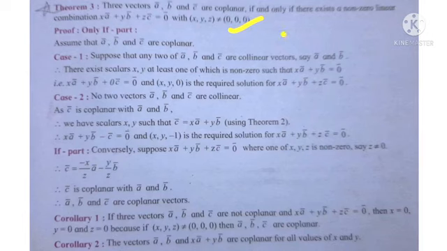Same condition, collinear and coplanar condition, this comes only for three terms. You remember only this condition. Three vectors A bar, B bar, C bar are coplanar if and only if there exists a non-zero linear combination x A bar plus y B bar plus z C bar is equal to 0 bar, where x, y, z not equal to 0, 0, 0.